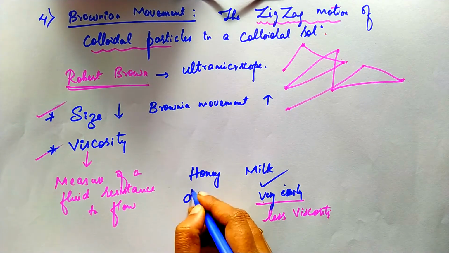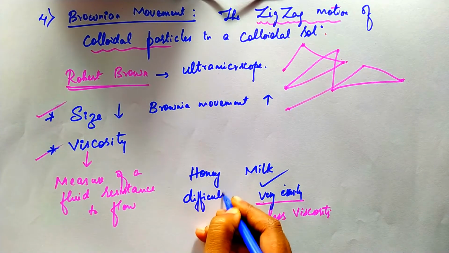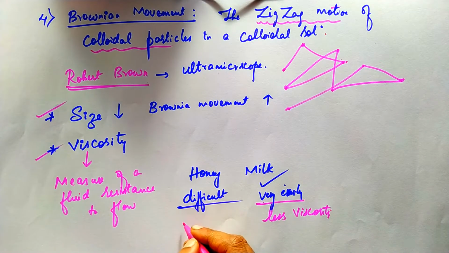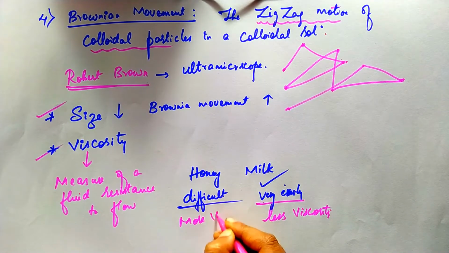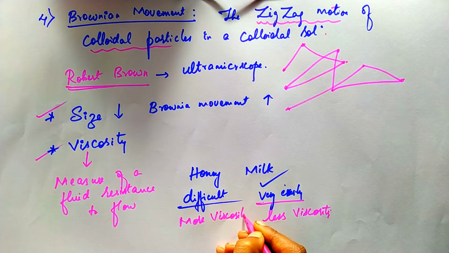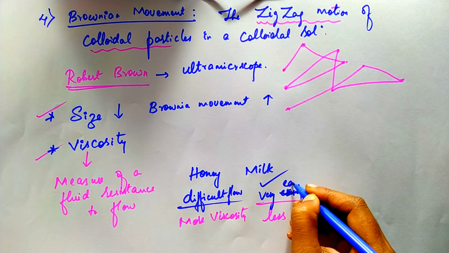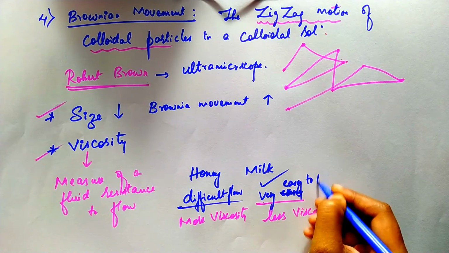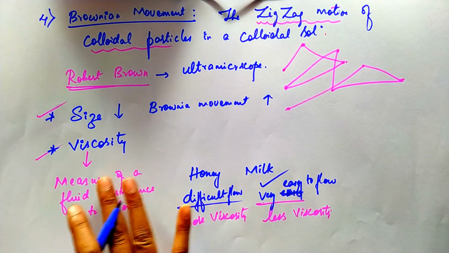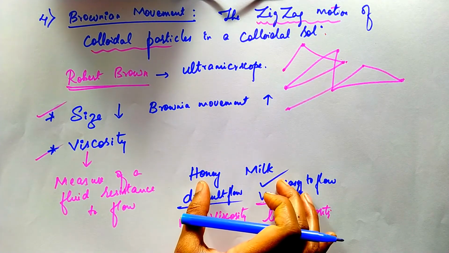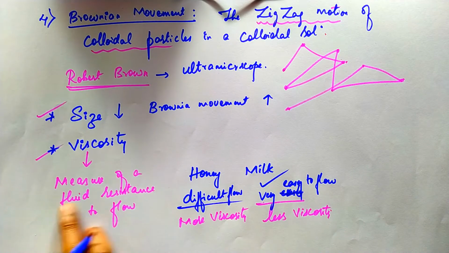It is difficult to flow, so we can say it has more viscosity. This is the example for viscosity. By this example, you can clearly understand what viscosity is: a measure of a fluid's resistance to flow.